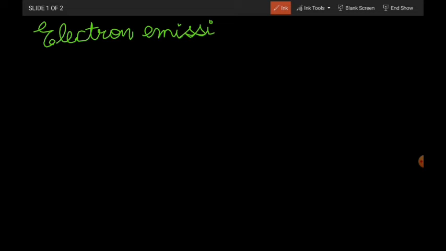Now there are electron emission steps also which we have in our syllabus. So we are now dealing with electron emission, and in this part we are going to see the various ways in which we can emit an electron from a given surface. Now what is the meaning of electron emission? It is the phenomenon of emitting electrons from a metal surface.